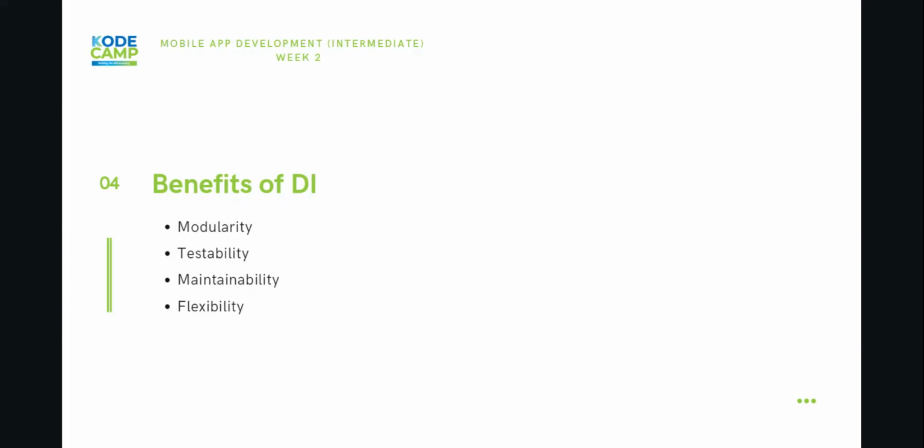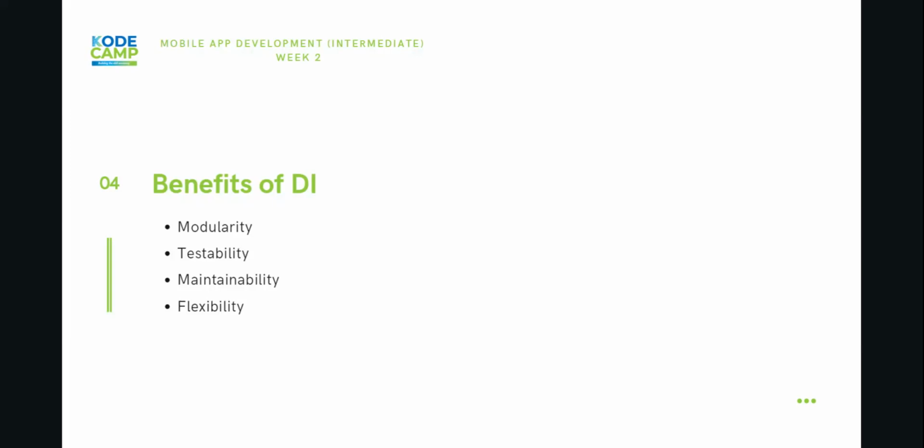So whenever you're injecting dependencies, you can replace real ones with mock objects during your unit tests, so that you can isolate and test individual components to make sure that they are working as they should.